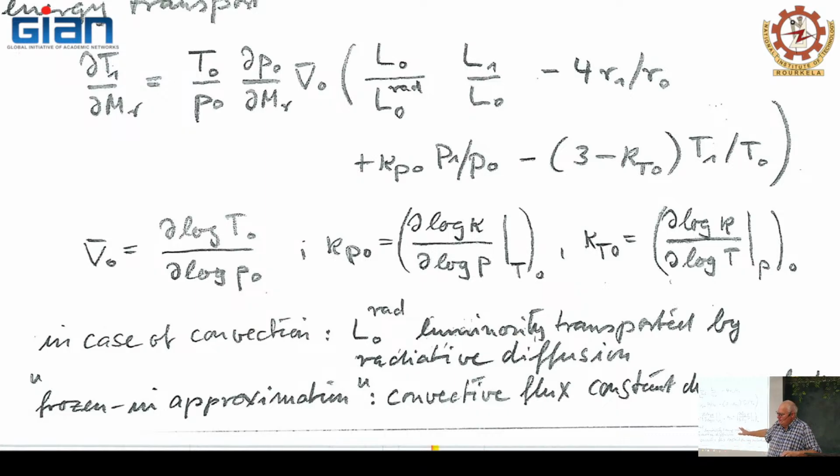You can justify with plausible arguments that for fast pulsations like p modes, as we will find out later, the convective flux doesn't have time to react, and the convective flux is maintained during a pulsation cycle. That means the perturbation of the convective flux is zero.